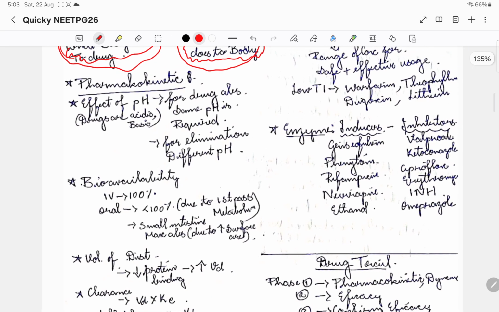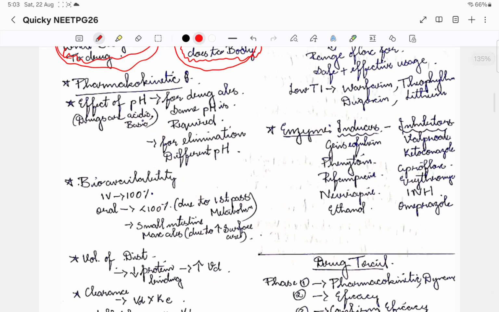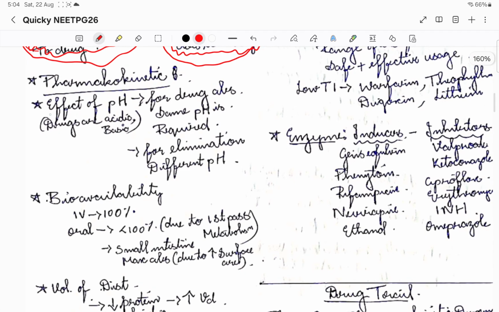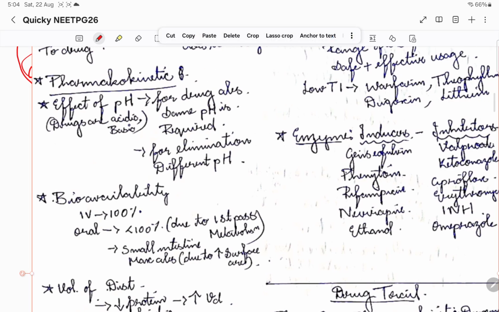So now let us start with pharmacokinetics and then we'll move on to pharmacodynamics. In pharmacokinetics, let us see what the effects of pH are on the drug. For drug absorption we require the same pH, whereas for drug elimination we require a different pH.